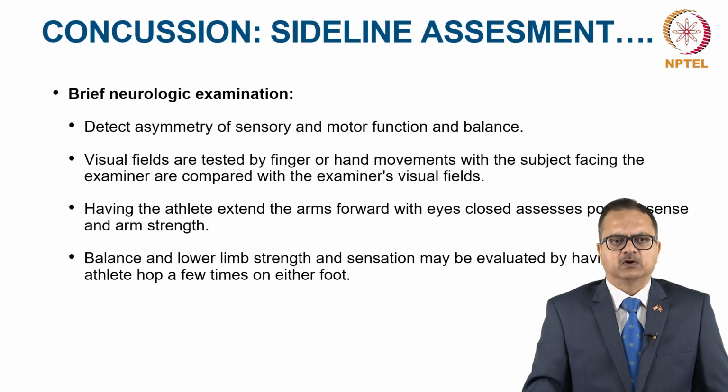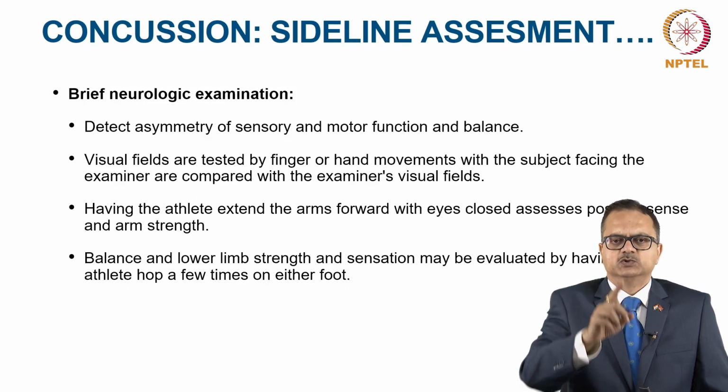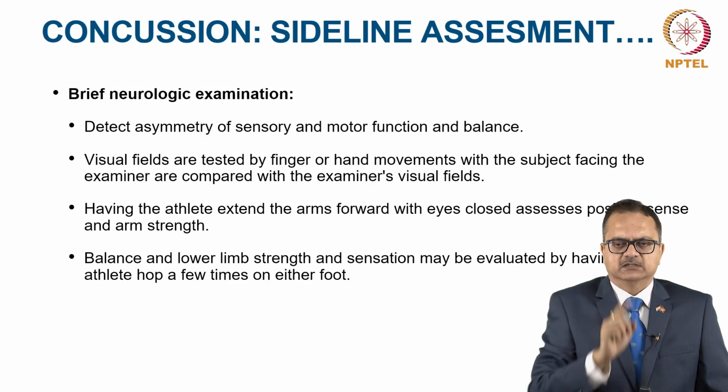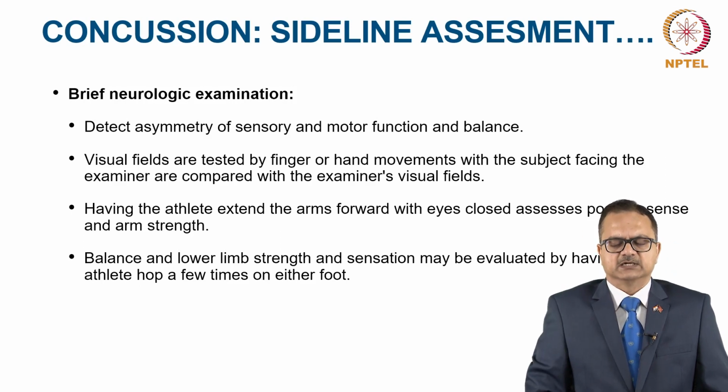Do a brief neurological examination. Detect asymmetry of sensory and motor function and balance. Basically, it means that he should be having sensations equal on both sides, motor function equal on both sides, and balance equal on both sides. Use your finger and test the visual fields and compare them with your visual fields while testing.